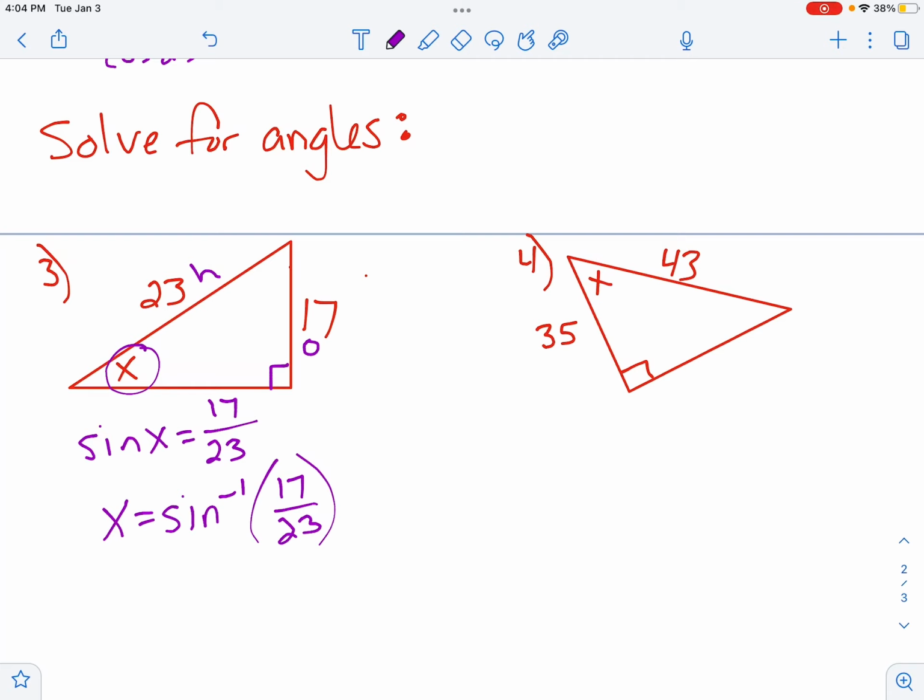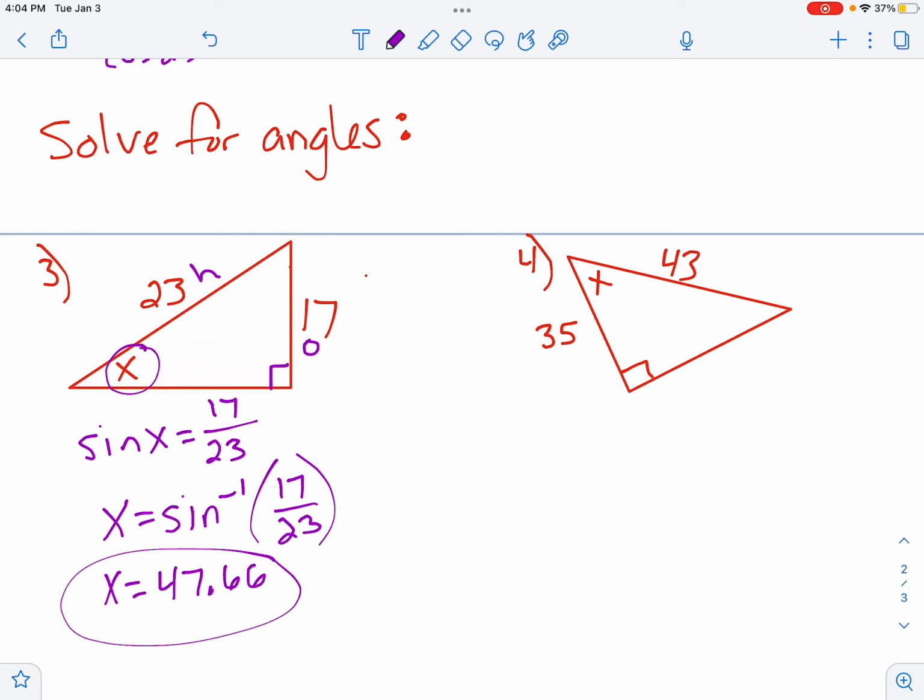Okay, so when you plug that in, you're going to hit your second sine. That gives you sine -1 or inverse sine of 17 divided by 23. If you're in degrees on your calculator, which you should be, DEG should be somewhere written on there, you should get 47.66. Go ahead and pause and try the next one.